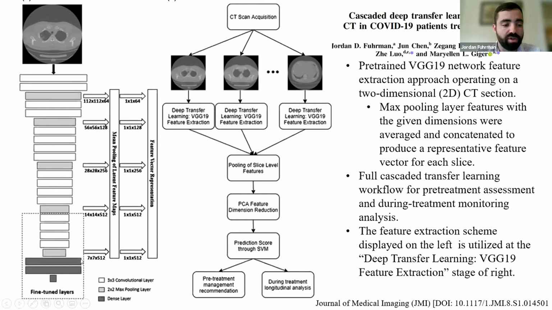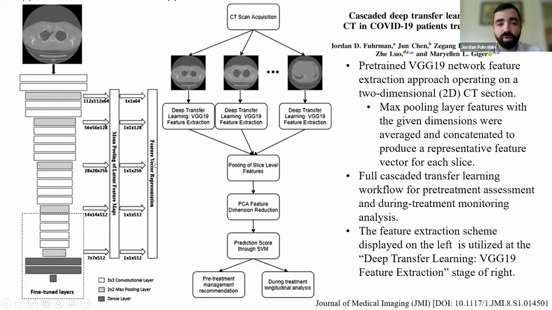You can note that the layers that were fine-tuned for the emphysema classification task are identified by this dotted box. So we extracted latent feature maps from the max pooling layers throughout the VGG19 architecture, and then mean pooled those feature maps to form a representative feature vector of a single CT slice.